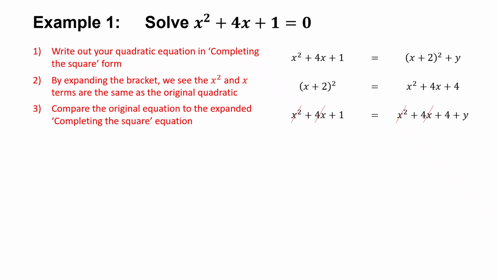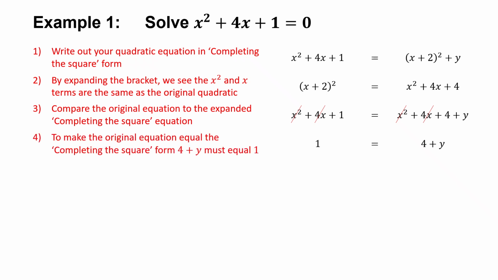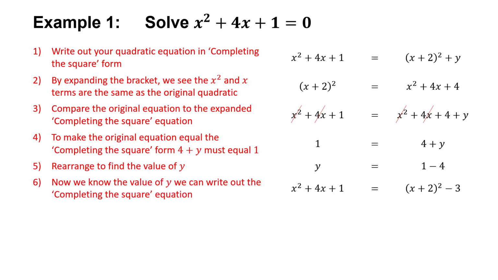We can see again that we can cancel out the x squared and the x term, and we're just left with 1 is equal to 4 plus y. We can rearrange that, and we get that y is equal to 1 minus 4, which is minus 3. So we can say that the original quadratic, x squared plus 4x plus 1, is equal to x plus 2 squared minus 3.